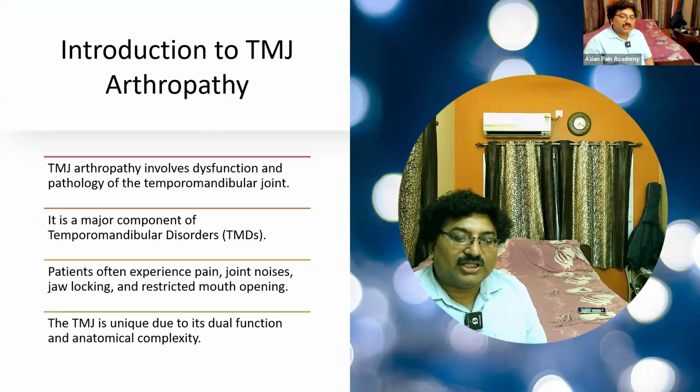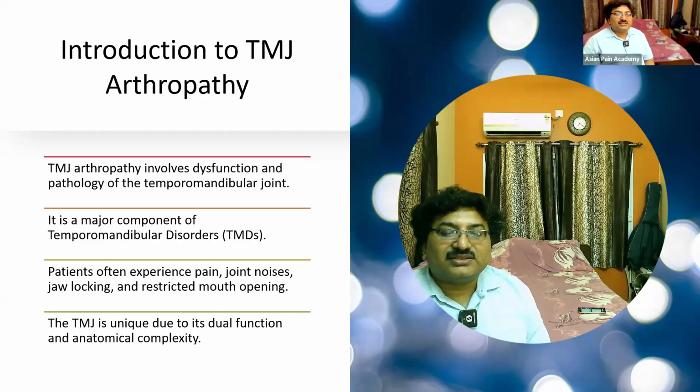Number one, the temporomandibular joint pain is a joint pain, so it's mainly nociceptive pain, which due to chronicity can take the chronic neuropathic spectrum, but in most cases it is purely nociceptive pain rather than neuropathic pain, especially in the early stage. Patients often experience pain, joint locking, and sometimes a sound while opening and closing the mouth, and sometimes there could be restricted mouth opening because of the TMJ disorder.